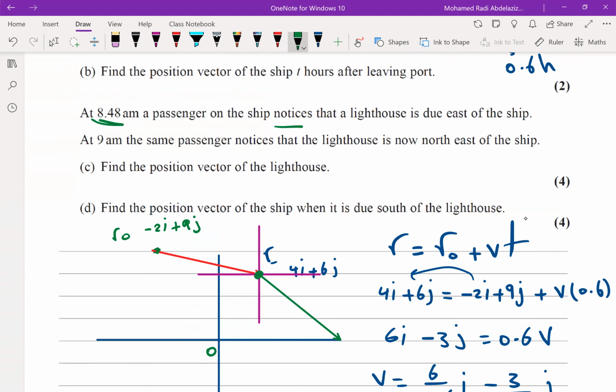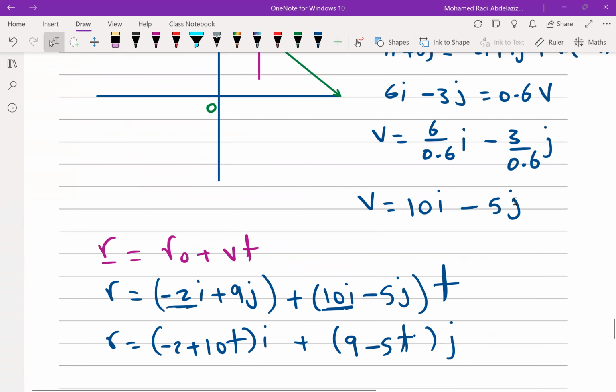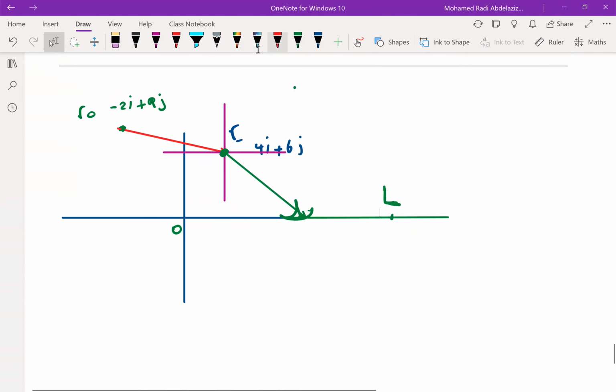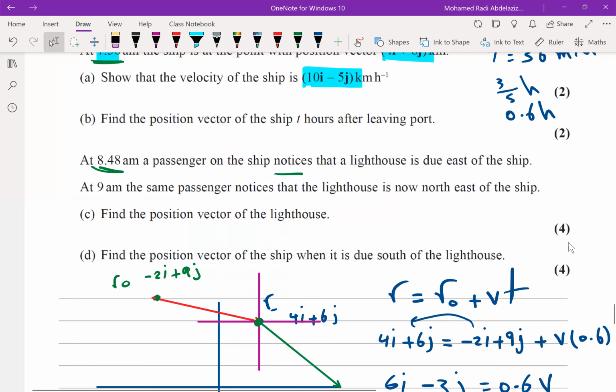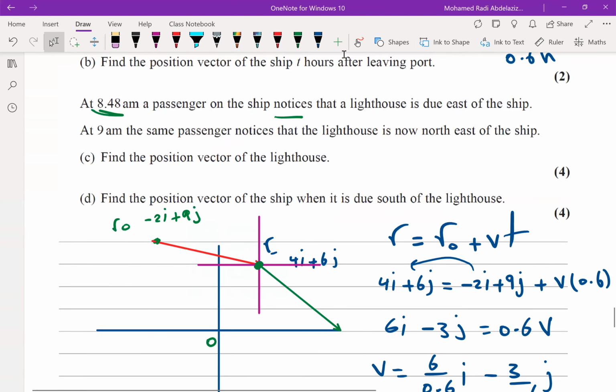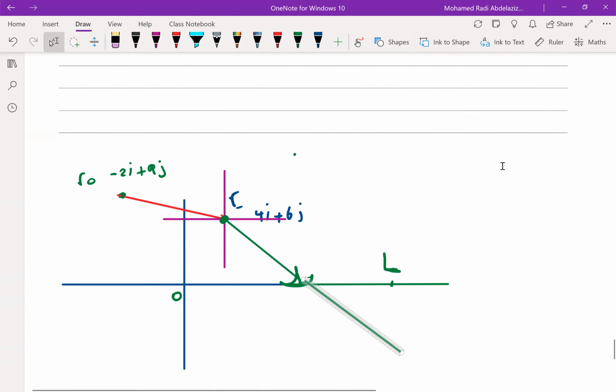Then at 9 a.m., the same passenger noticed that the lighthouse is now due north of the ship. So when it is continuous, at 9 due north means it will be like this.